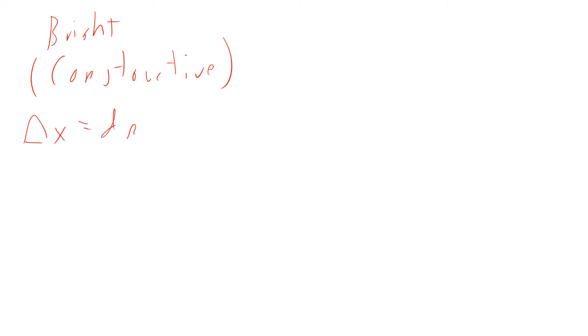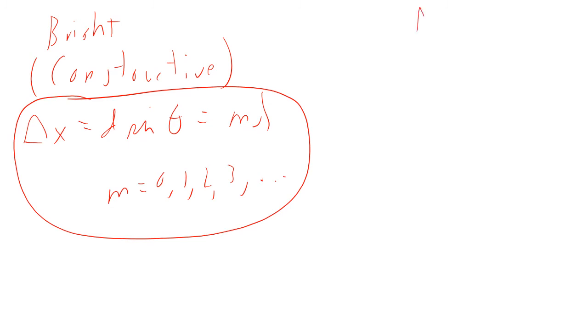Okay. And so this bright, dark pattern. We could say we have bright, that's going to be constructive interference. That's going to occur whenever the path length, that's d sine theta, is equal to some integer times the wavelength, where the integer m is 0, 1, 2, 3, etc. It's going to be dark, so that's going to be destructive interference.